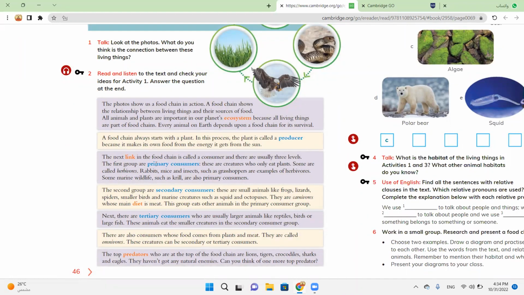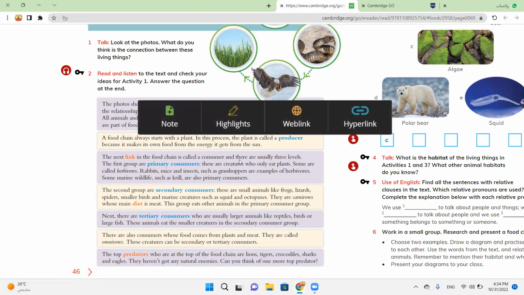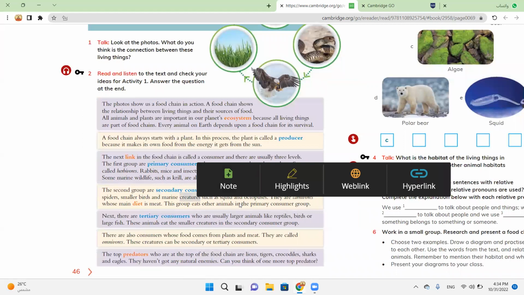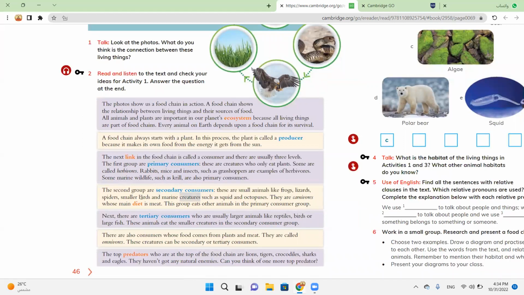And the first type of consumers are primary consumers, like rabbits, mice, and insects. Then we have a secondary consumer, like small birds, spiders, frogs, lizards. Then we have the tertiary consumers. They are usually large animals like reptiles, birds, or large fish.